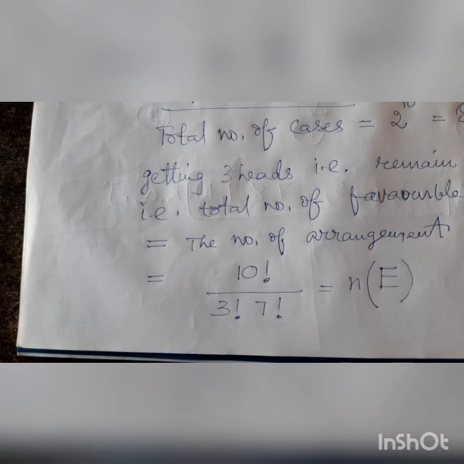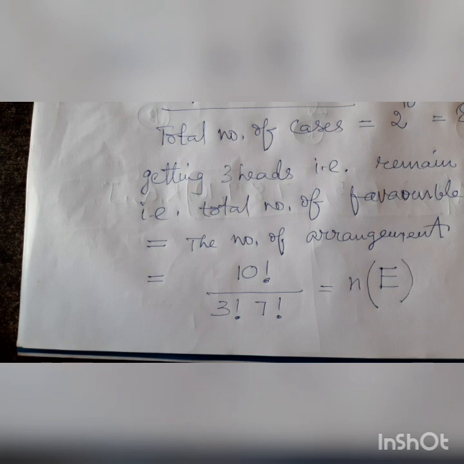For example, 10 fruits are there. Some 3 fruits are apples and 7 fruits are oranges. What is the permutations of these 10 fruits? 10 factorial by 3 factorial into 7 factorial, because they are like things.